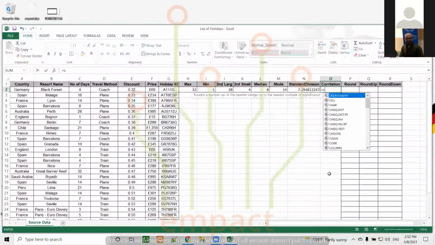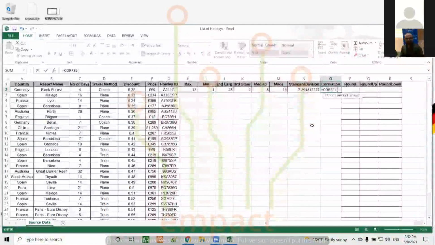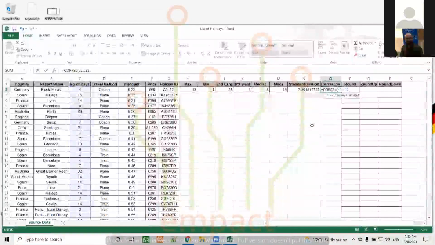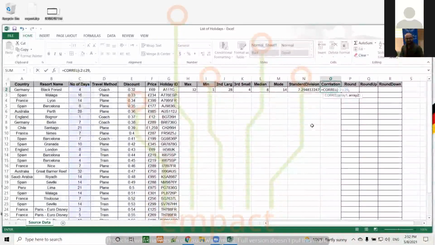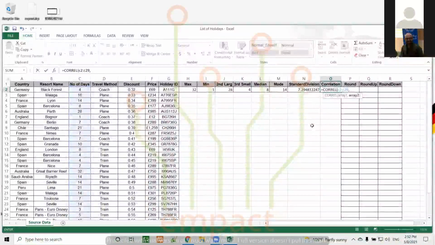First we type CORREL, which is the abbreviation of correlation, and then we choose two ranges of data, the first one is going to be C2 to C29, and we take the second. The range is quite fine here.